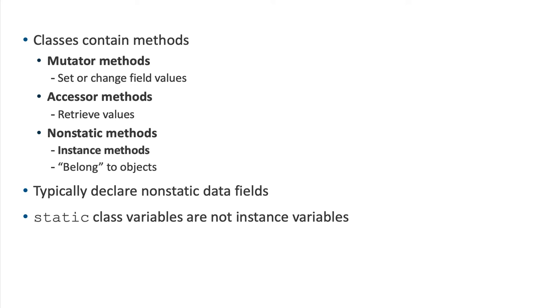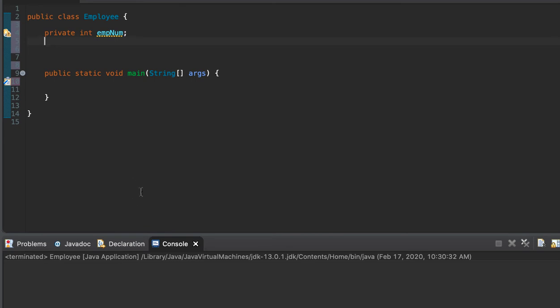A reasonable name for this method is getEmployeeNumber, and its declaration would be public int getEmployeeNumber, because it will have public access, return an integer because that's the employee number, and possess the identifier getEmployeeNumber. Let's head on to the code and add this method.